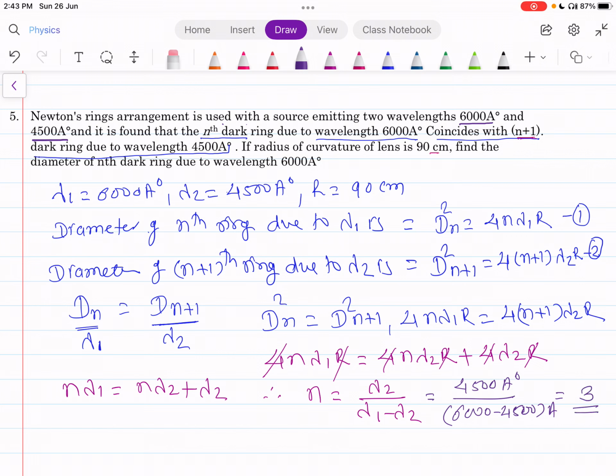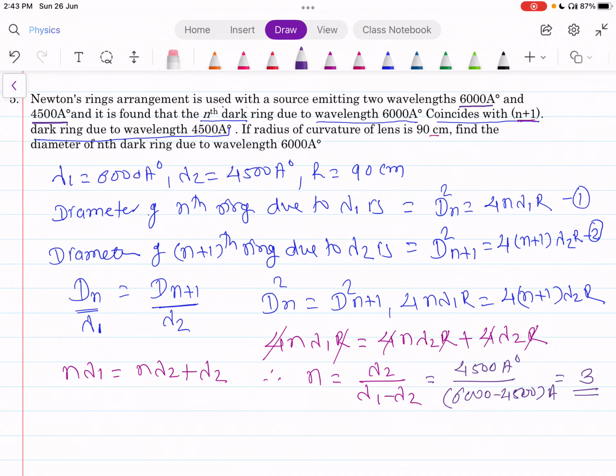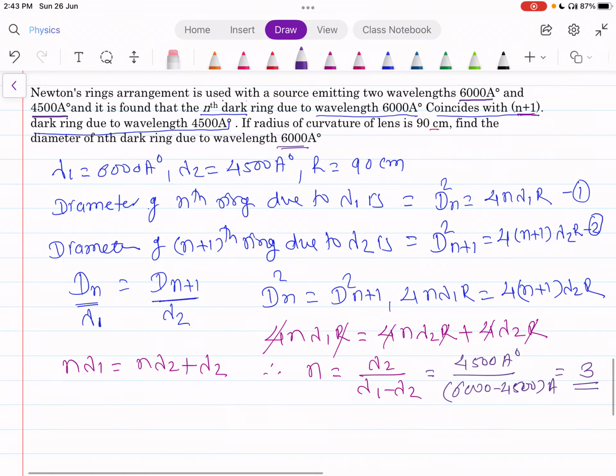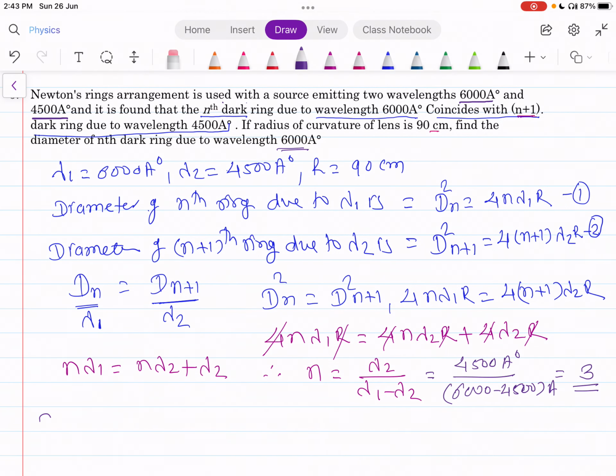So this is the third ring. So we can find the diameter of the third ring due to wavelength 6000 angstrom. We can put this in this equation.